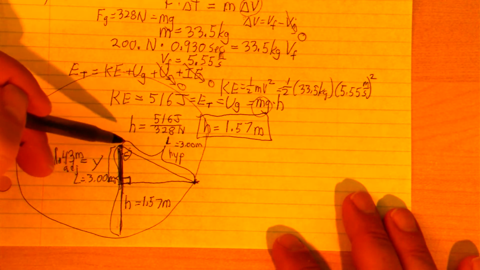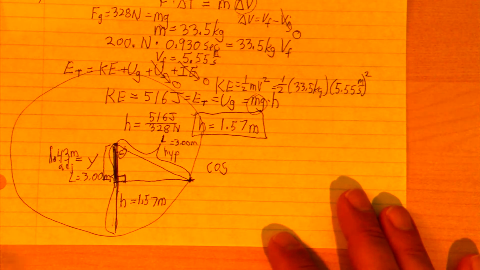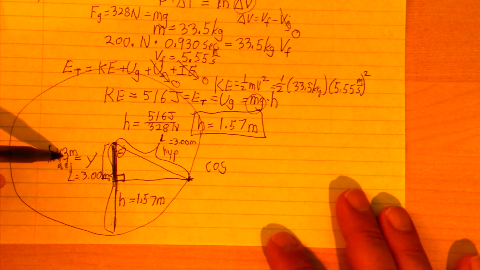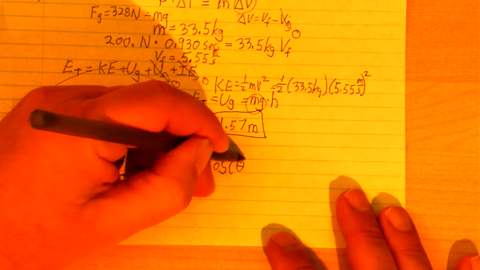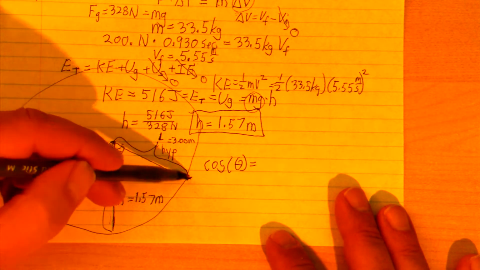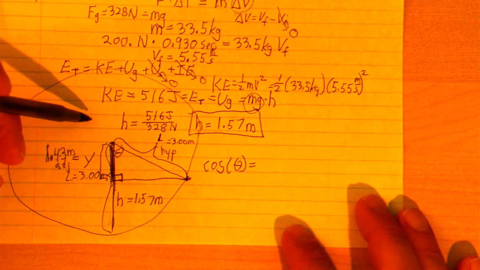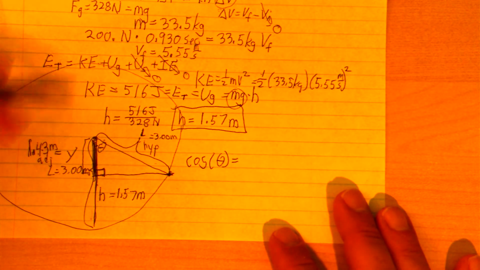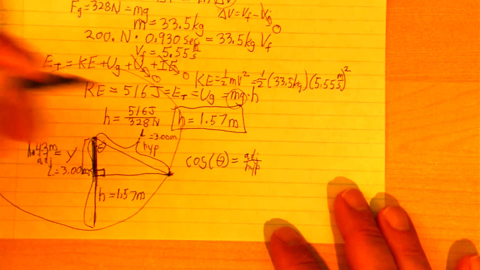Cosine, SOHCAHTOA, is the trig relationship between adjacent and hypotenuse. The cosine of this angle theta, which is the angle that the little sister's swing makes with the vertical at the end of part A, is the ratio of the adjacent side divided by the hypotenuse.